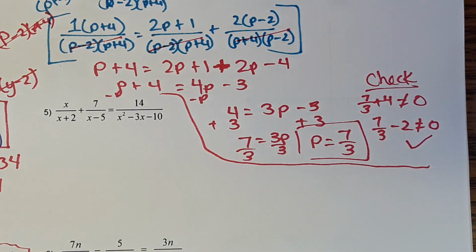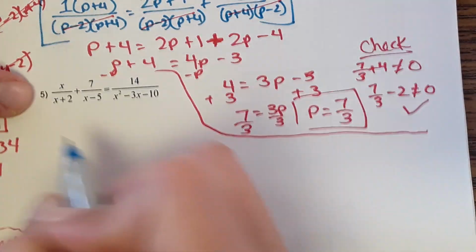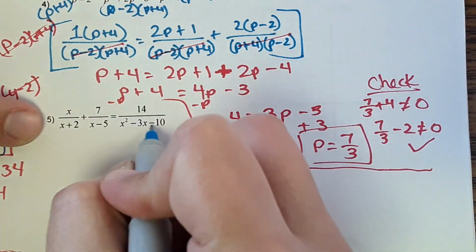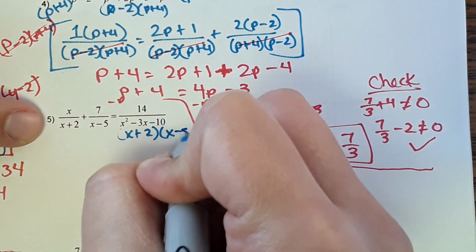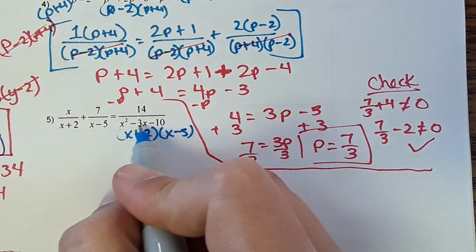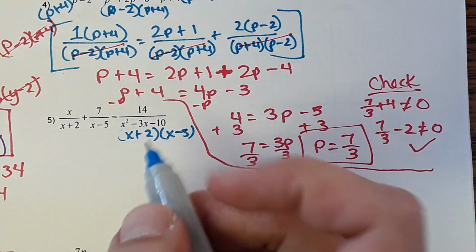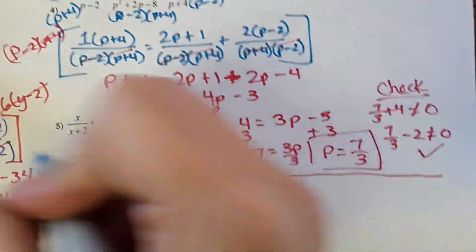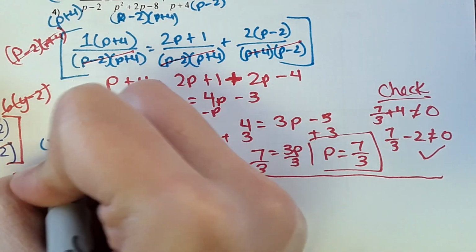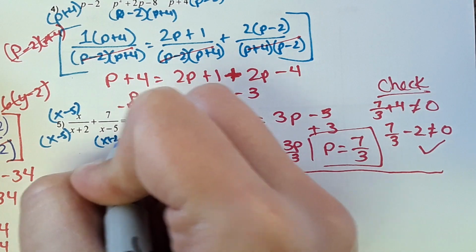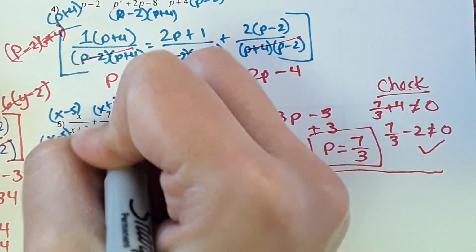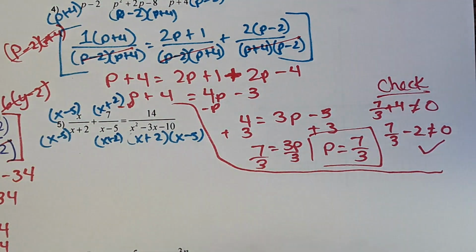Okay, then number 5, just one more example, same process. Factors for this would be x plus 2, x minus 5. Two numbers that multiply to negative 10 and add to negative 3, that's that. Then multiply this by x minus 5.